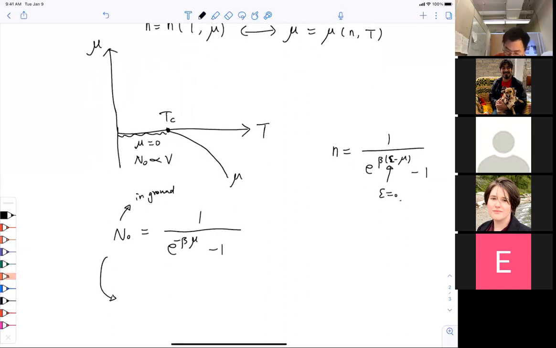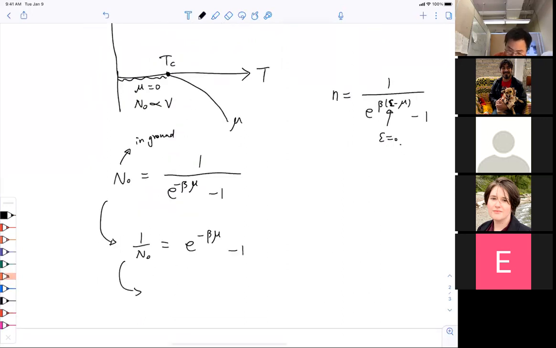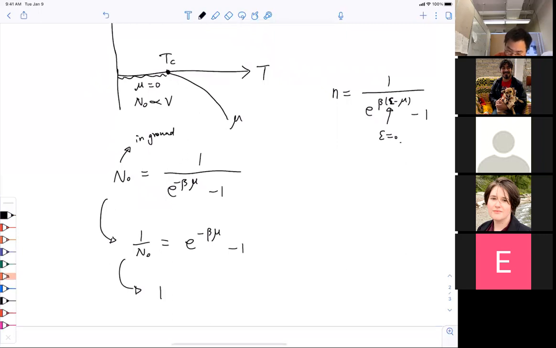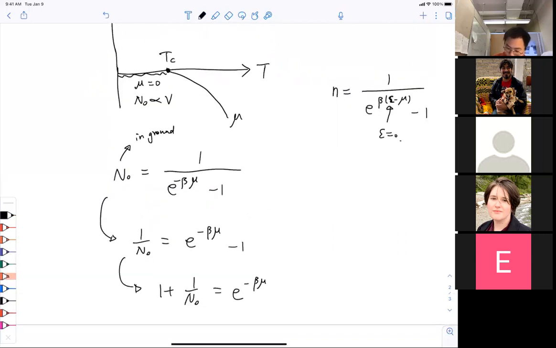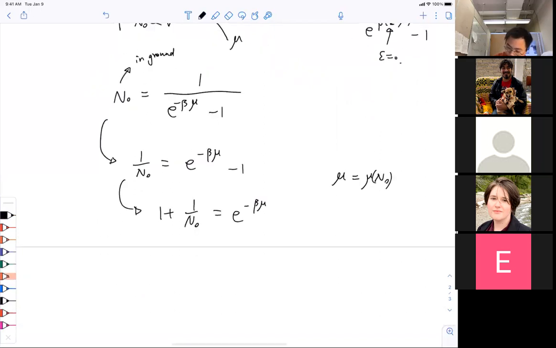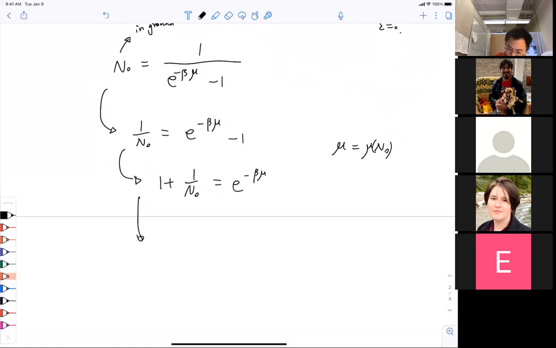So it's n naught equals 1 over exponential of minus beta mu, minus 1. I just move this minus 1 to become plus 1, and the whole purpose here is to solve mu as a function of n naught. So it's log of 1 plus 1 over n naught equal to minus beta mu.